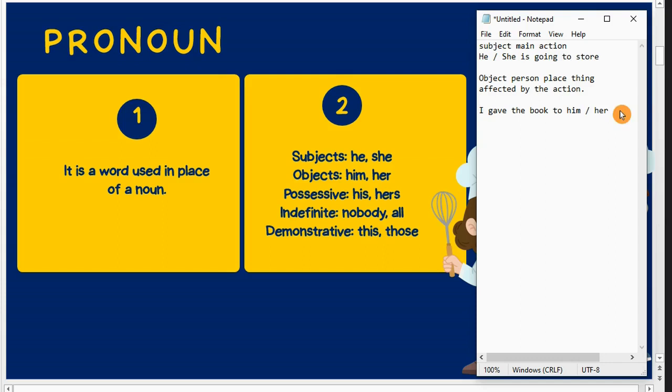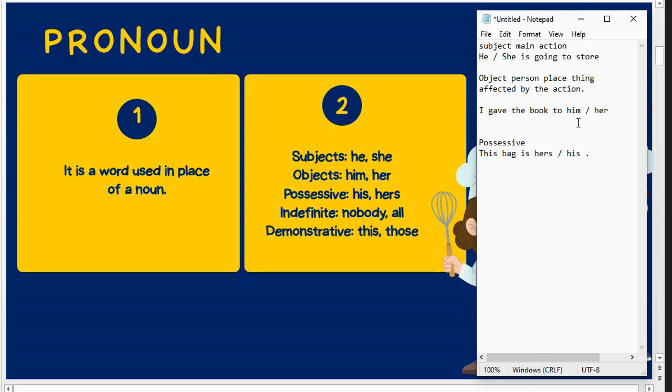Next, we will talk about the possessive pronoun. Possessive pronoun means something that is in your possession, that is yours, or you can say his, hers. An example is: this bag is hers or his.